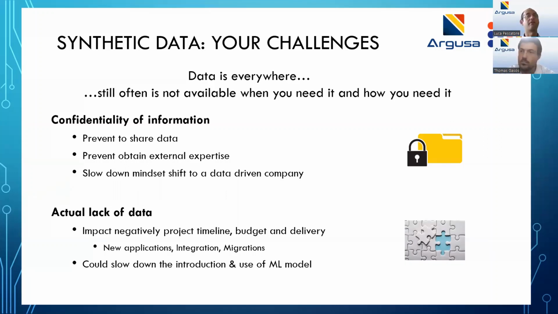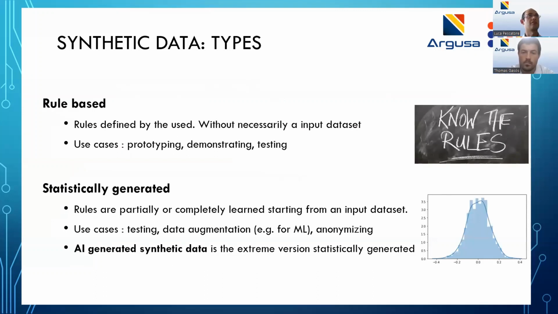But the other reason to use synthetic data would be actual lack of data, because you're developing, for example, new applications where data is not available yet. So let's recap also briefly the two types of synthetic data. There is rule-based, where you can start out of nothing and just using rules build datasets.